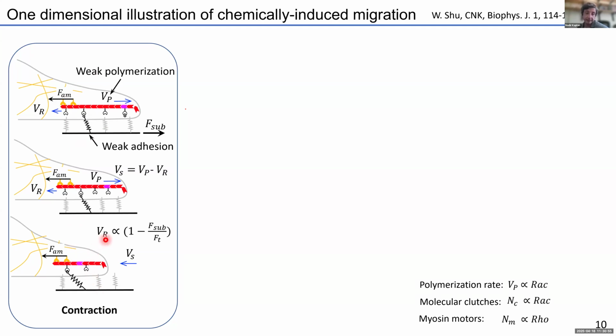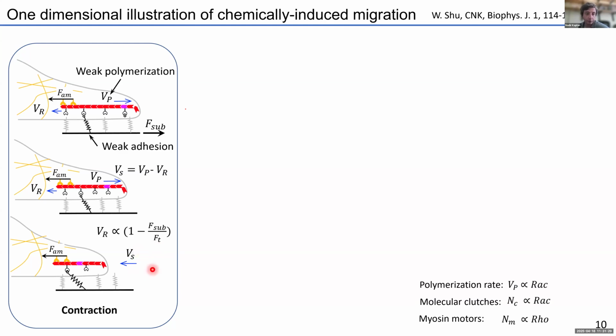And the phenomenological relation that is widely assumed in the literature is that the retrograde flow is proportional to a term like 1 minus substrate force minus actomyosin contraction, which is not shown here, over the number of molecular clutches times the force each clutch can support.